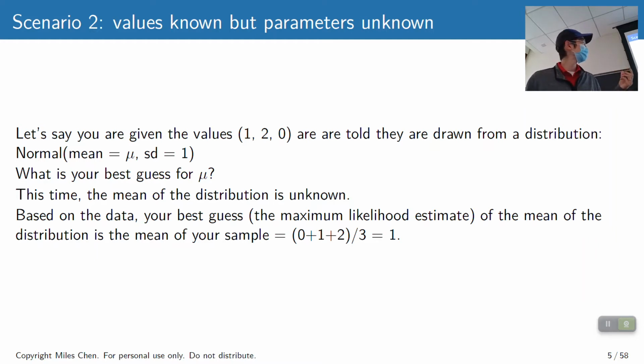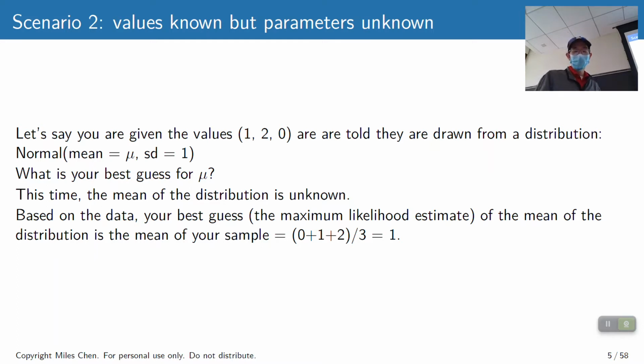Well, our best guess for mu is going to be the maximum likelihood estimate. And for the normal distribution, the maximum likelihood estimate is just going to be the mean of your sample, the sample mean. So you do 0 + 1 + 2 divided by 3, you get a sample mean of 1. That's going to be your best guess for what mu is.